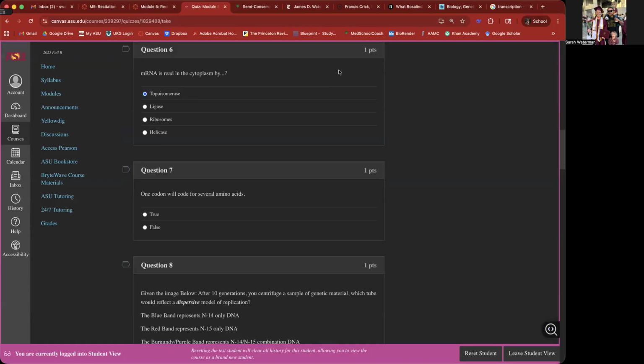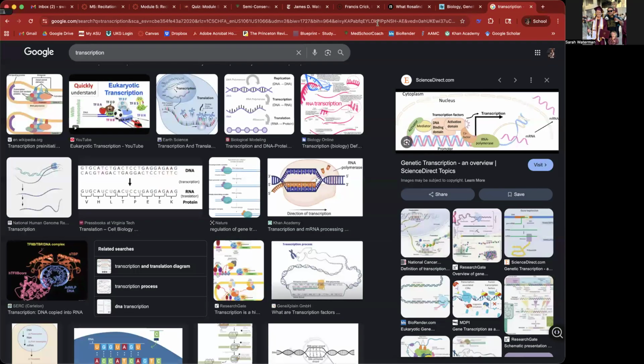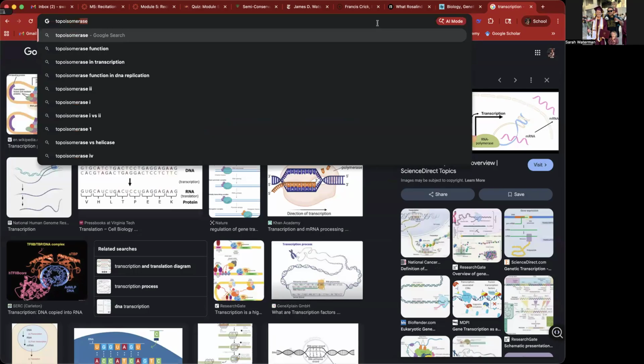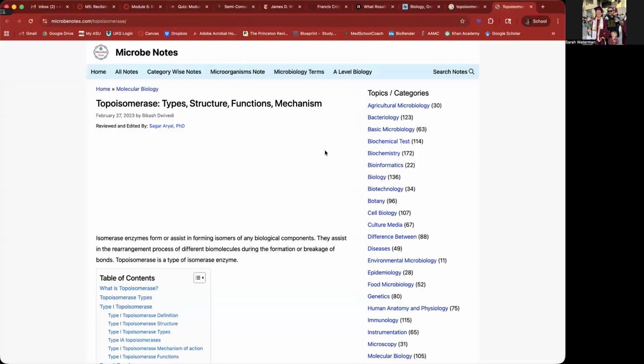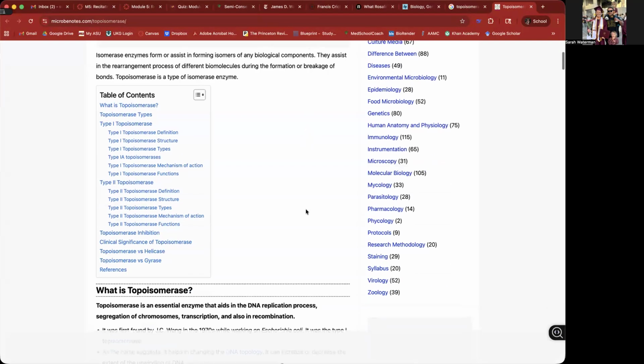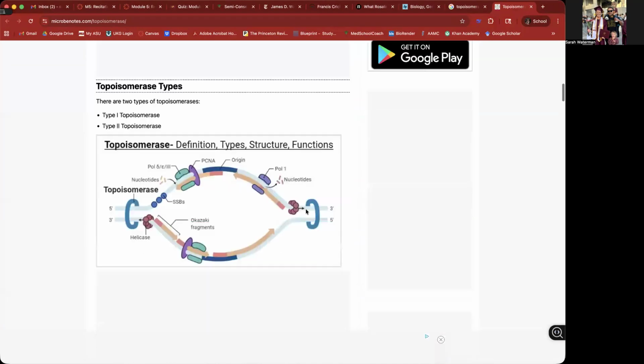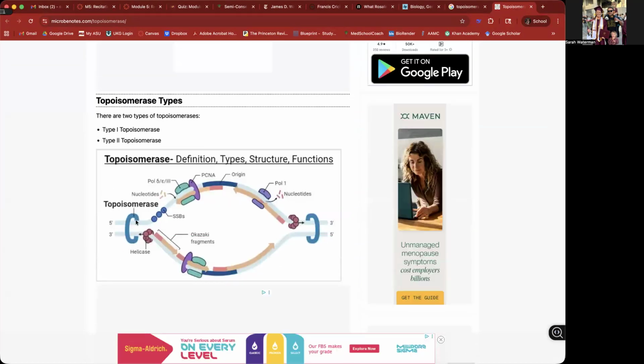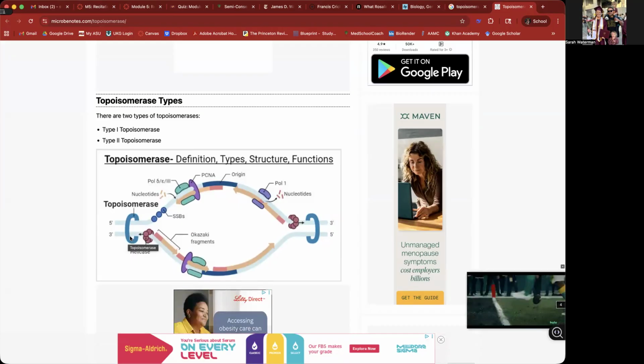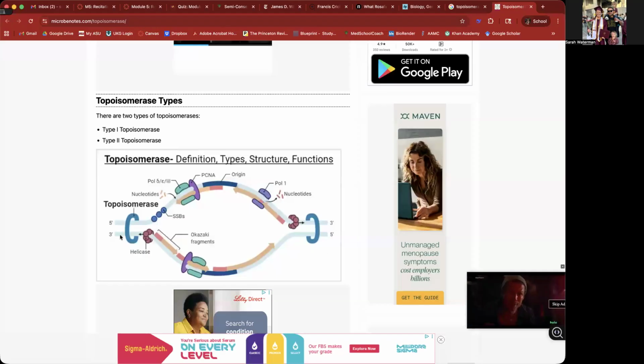And so we see, let me see, maybe if I look at topo here, this is a good picture for this. So topoisomerase keeps it from supercoiling outside of this breaking.